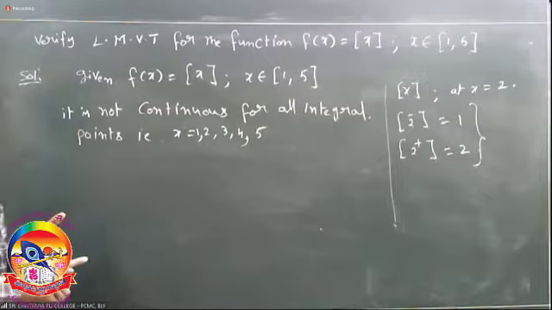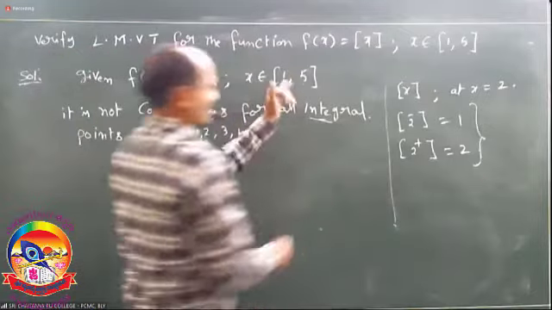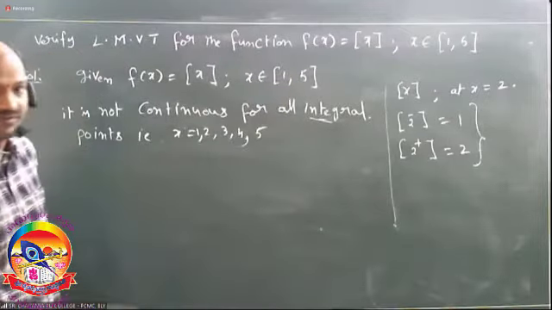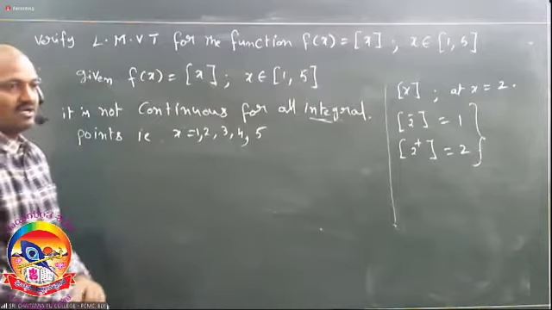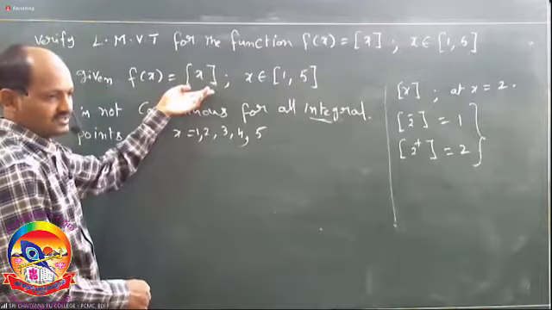For fractions, sometimes it is possible. At integral points, at x equal to 1, 2, 3, 4, 5, the left hand limit is not equal to right hand limit for the greatest integer function.